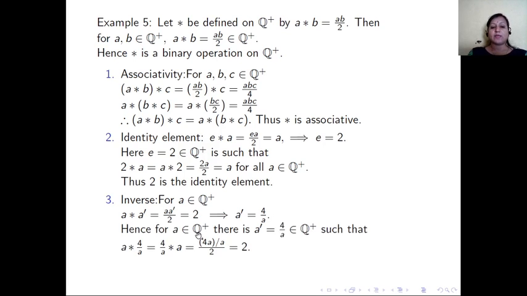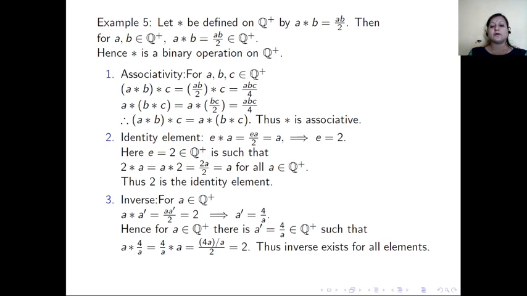Hence, for a belongs to Q plus, there is a dash equal to 4 upon a belongs to Q plus, such that a star 4 upon a is equal to 4 upon a star a is equal to 2. Hence, 4 upon a is the inverse for an element a.